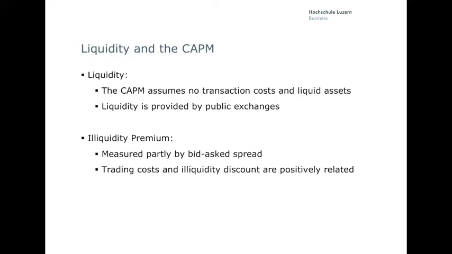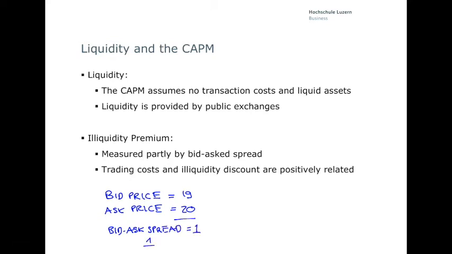Let's have an example. If the bid price for a stock is 19 and the ask price is 20, the bid-ask spread is 1. You can express this as a percentage. This would be equal to 1 divided by 20, or 5%.